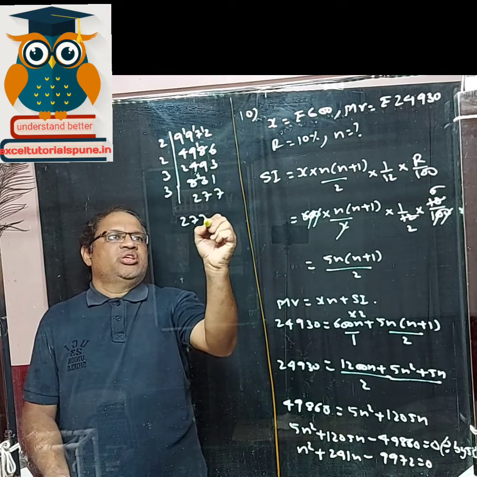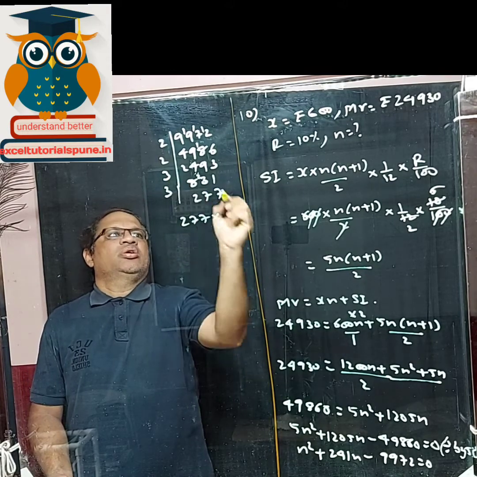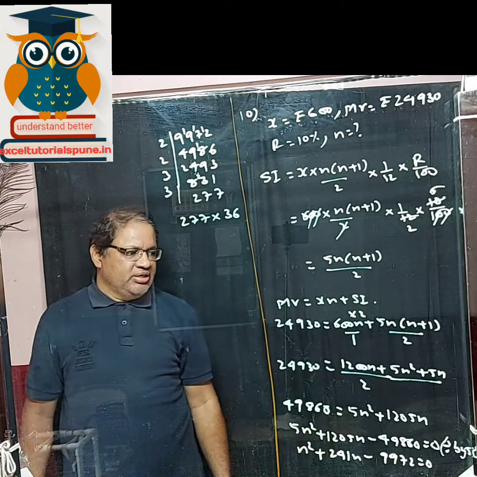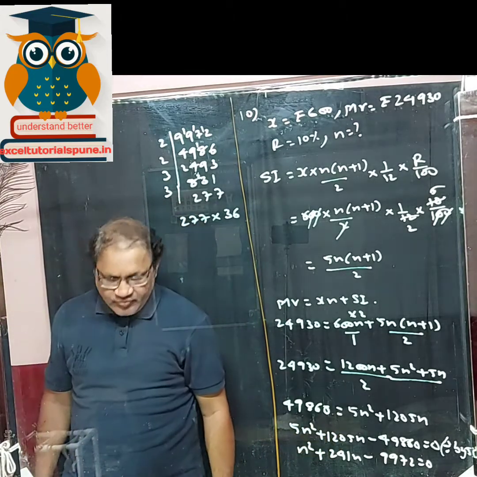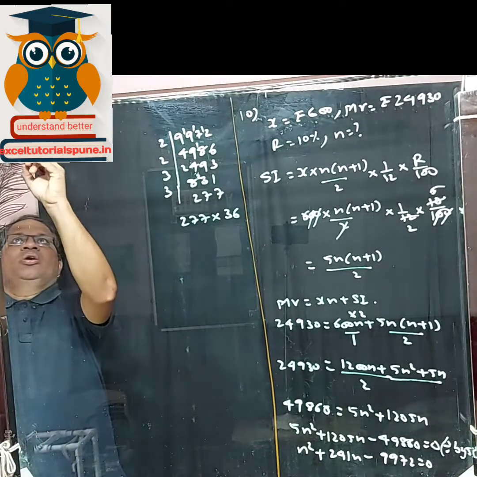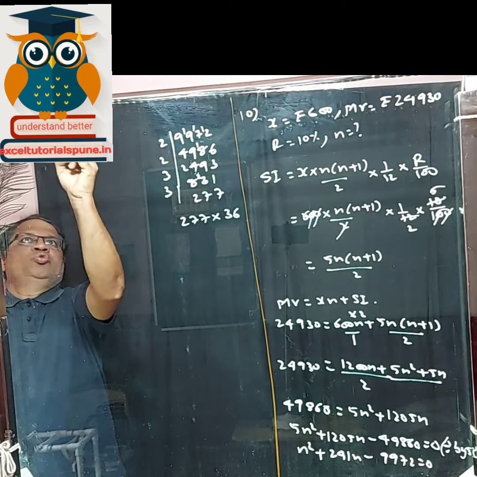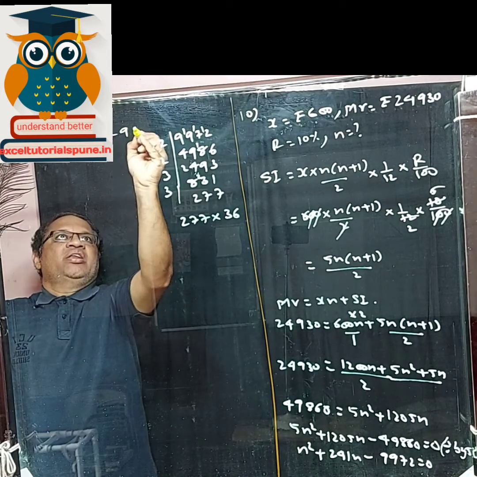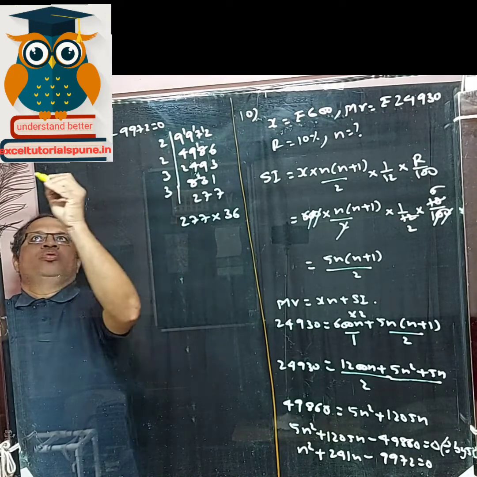So you get 277 into 36. 277 minus 36 gives you that number. So now n square plus 277n minus 36n minus 9972 equal to 0.